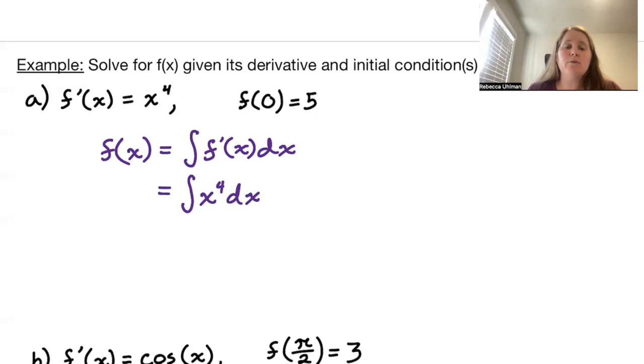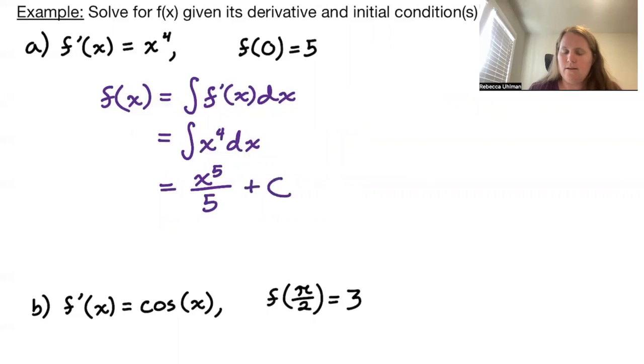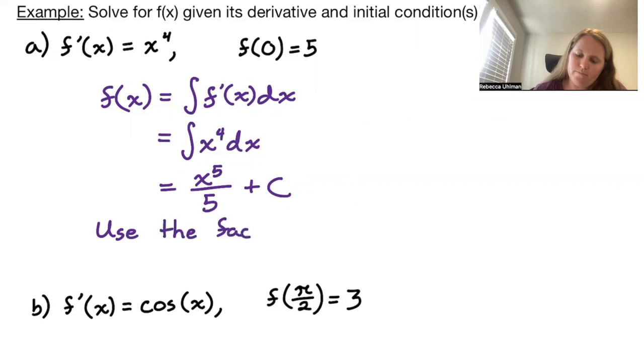Integral of x to the 4th, we're using our power rule. x to the 4th goes up to x to the 5th, and then divide by 5, plus c. Then we will go ahead and use the fact that f of 0 is equal to 5.